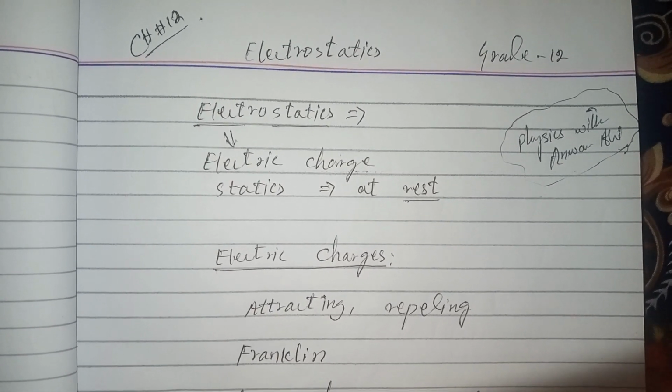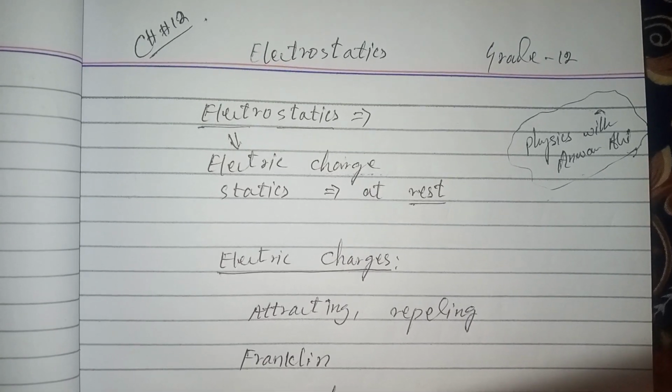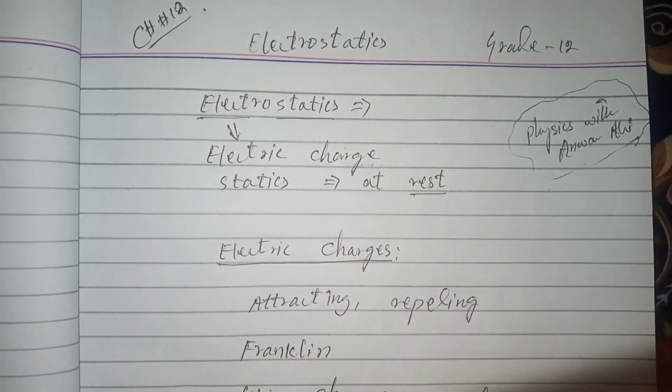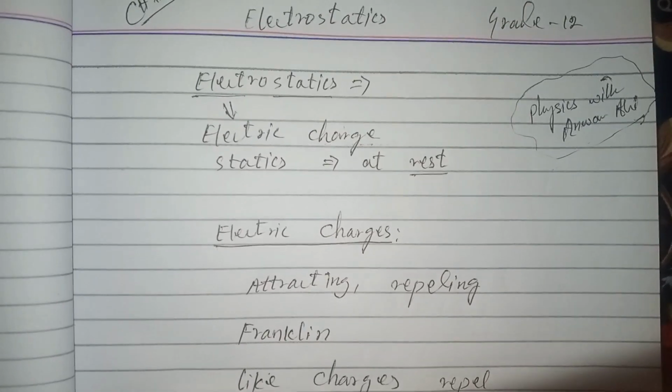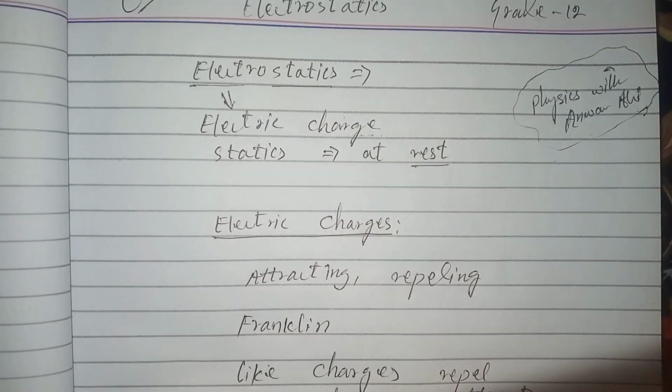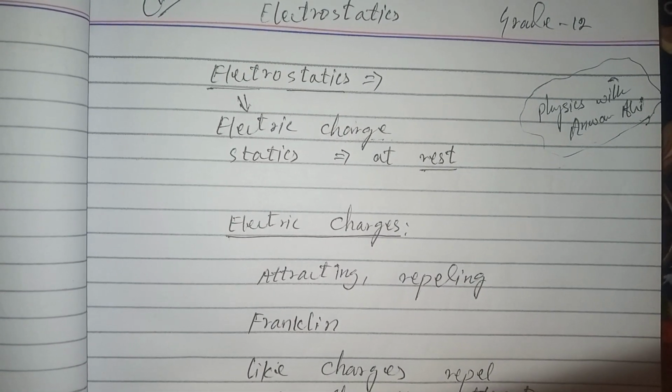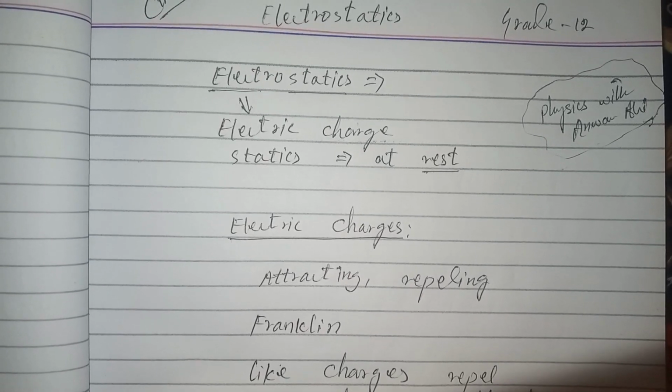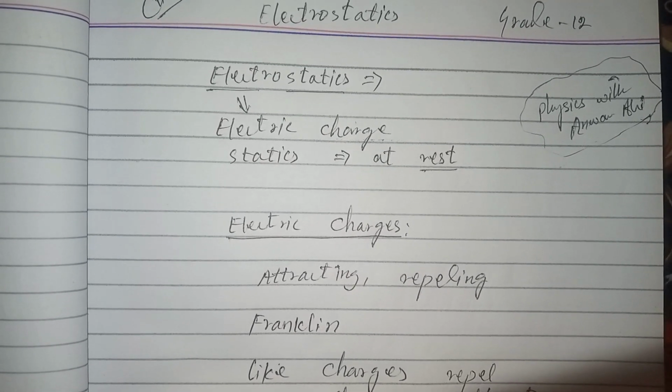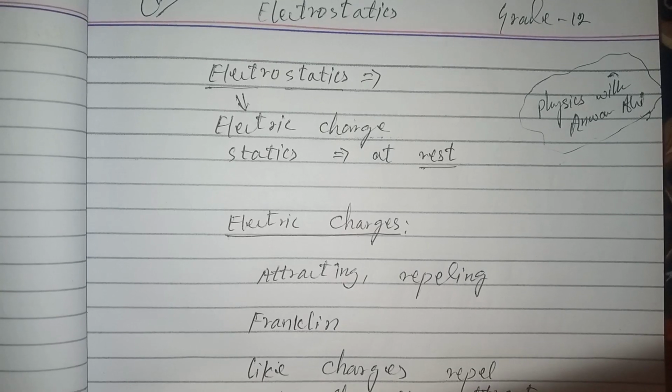Now, if we are talking about electric charge, as we know, when we comb our dry hair, it is found that the hairs stand on end and try to stick to the comb.